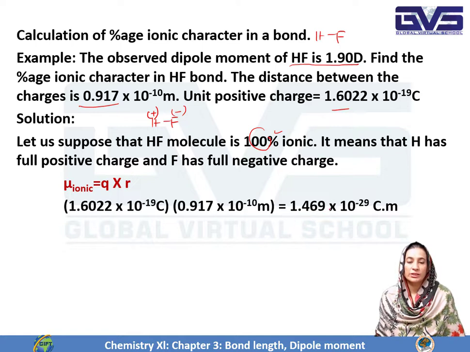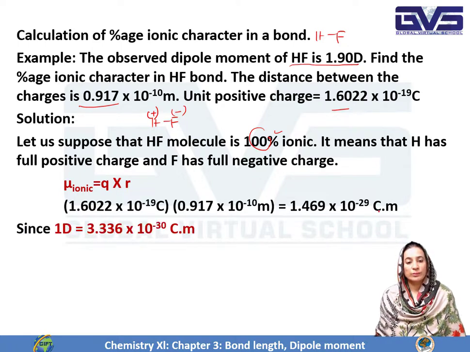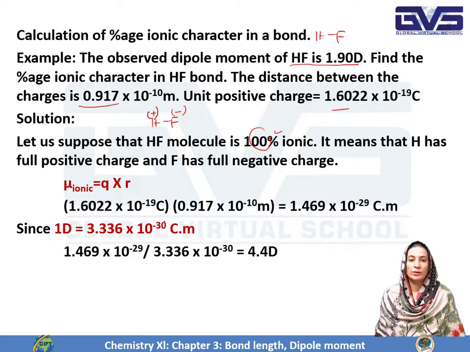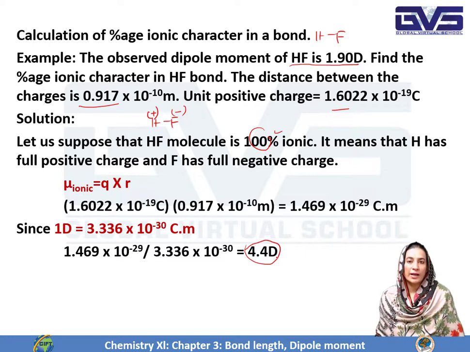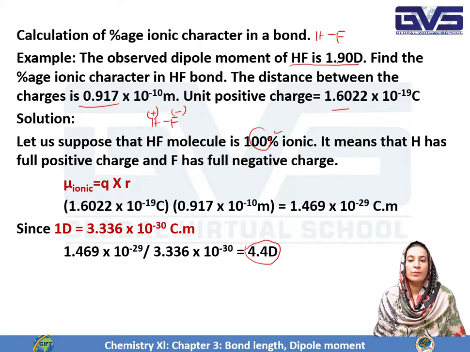That is 1.469 × 10^-29 coulomb meter, and we know 1 Debye is equal to 3.336 × 10^-30 coulomb meter. Now we divide by this value and obtain it in Debye. So this is the calculated, or ionic, dipole moment, and the observed dipole moment from some techniques is 1.90.